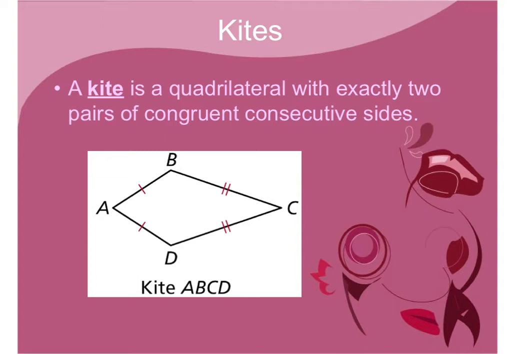Now a kite. A kite is a quadrilateral with exactly two pairs of congruent consecutive sides. Exactly two pairs of congruent consecutive sides. So ABCD is an example of a kite, where the two consecutive sides are congruent.